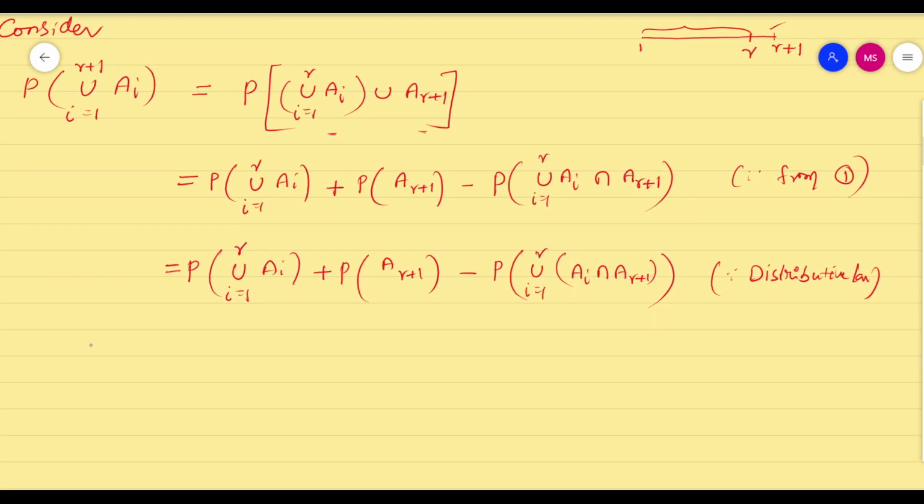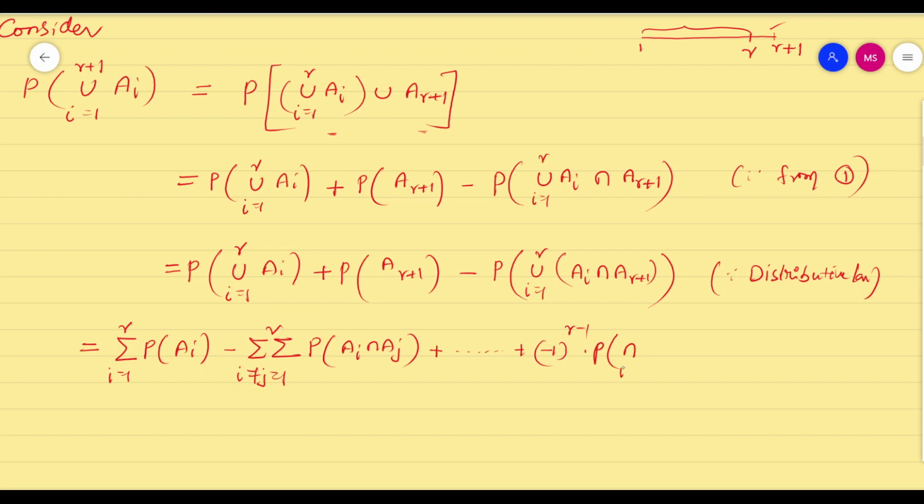That is equal to the summation i running from 1 to r of p of ai, minus double summation i not equal to j, 1 to r, of p of ai intersection aj, plus and so on, plus minus 1 whole power of r minus 1 into p of intersection i running from 1 to r ai.